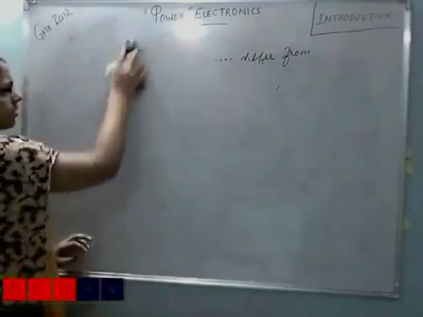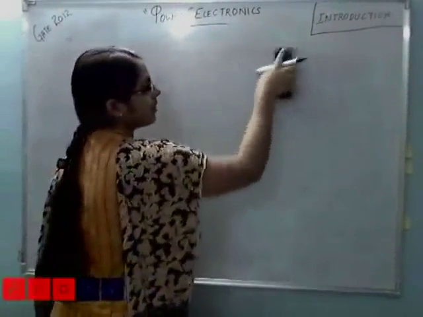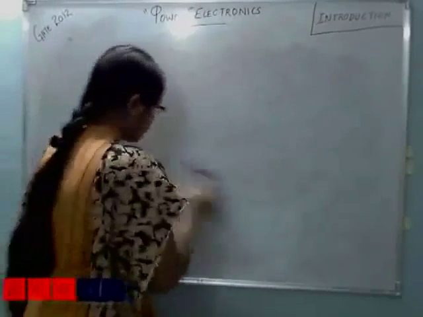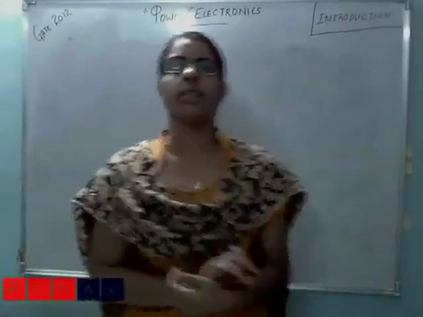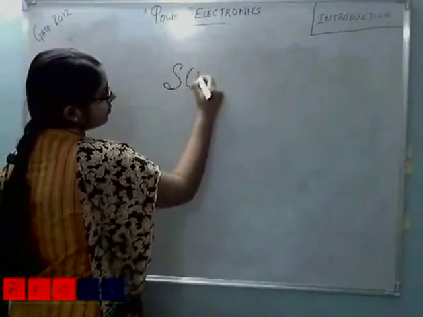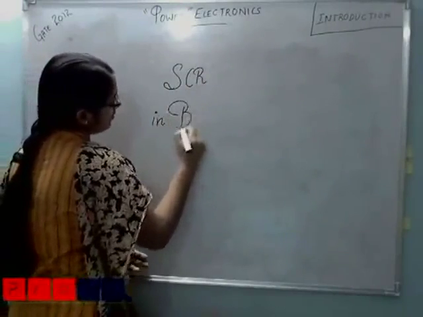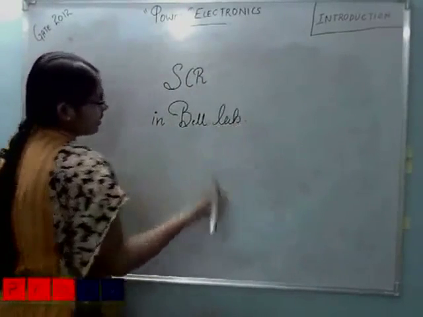Now, having understood what the differences are, let us go further to explore different power electronic devices. So the era of power electronic devices started with the production of the SCR in Bell Laboratory. This Bell Lab is famous for a lot of discoveries.